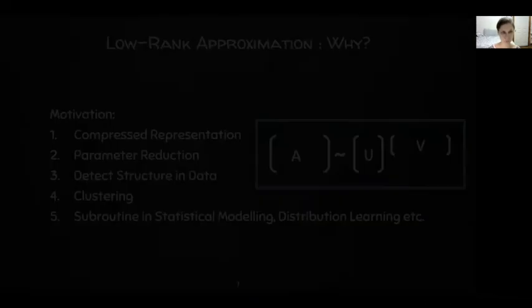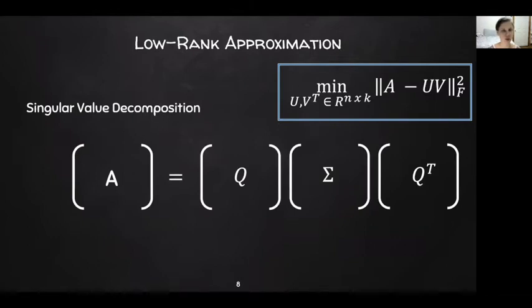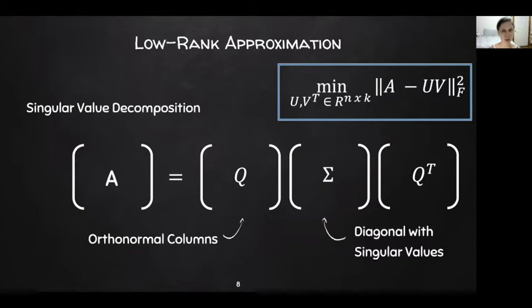To understand the structure of a low-rank approximation, we begin with a singular value decomposition. Given a symmetric matrix A, the singular value decomposition is represented as a product of three matrices: Q, a matrix with orthonormal columns, sigma, a diagonal matrix with the singular values along the diagonal, and Q transpose.